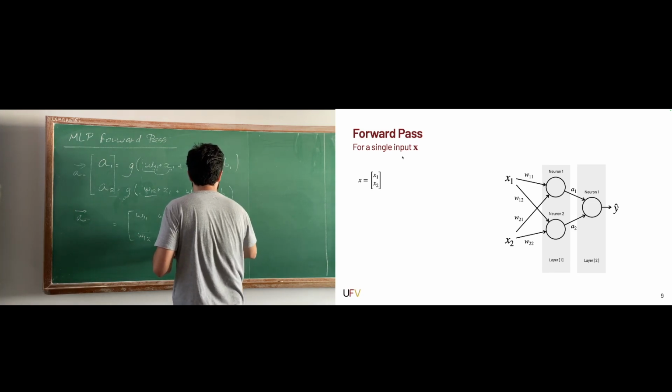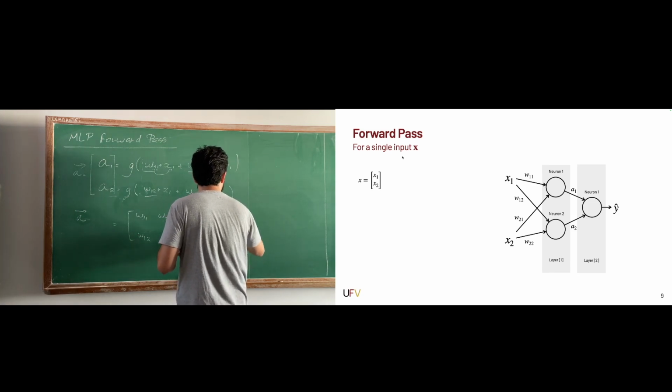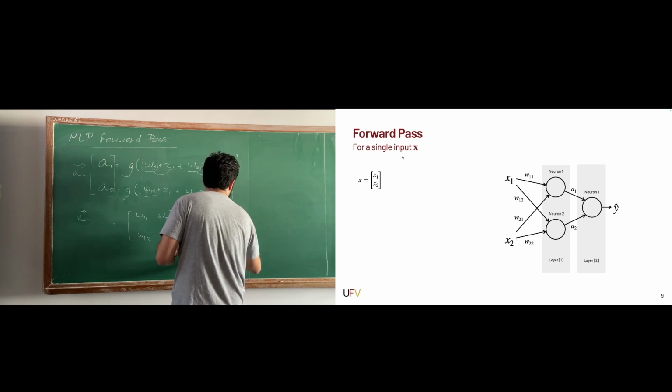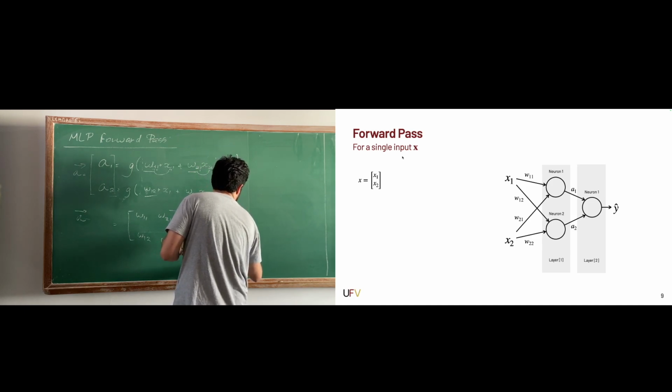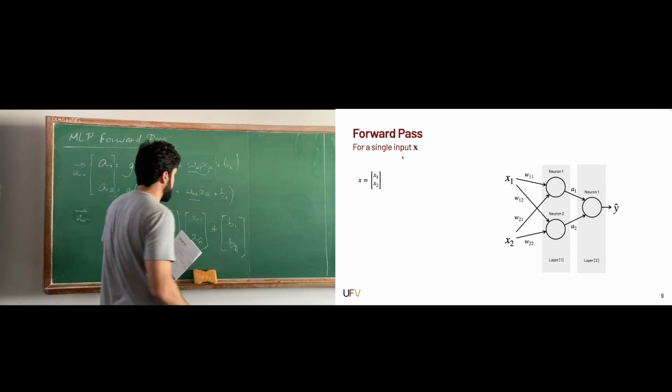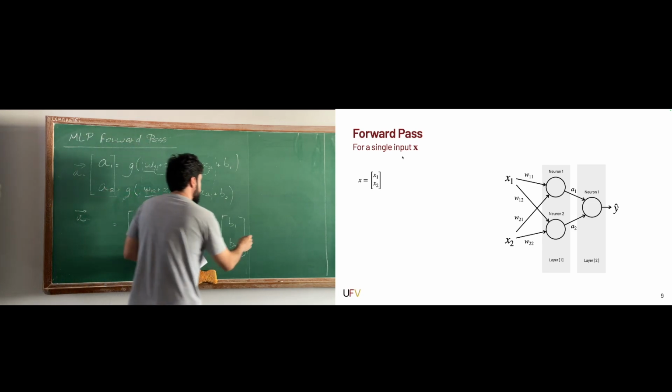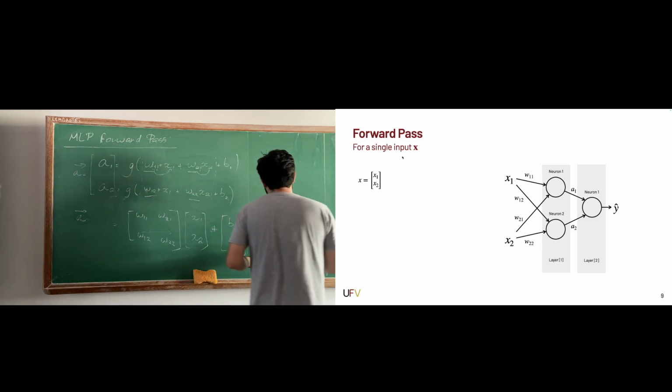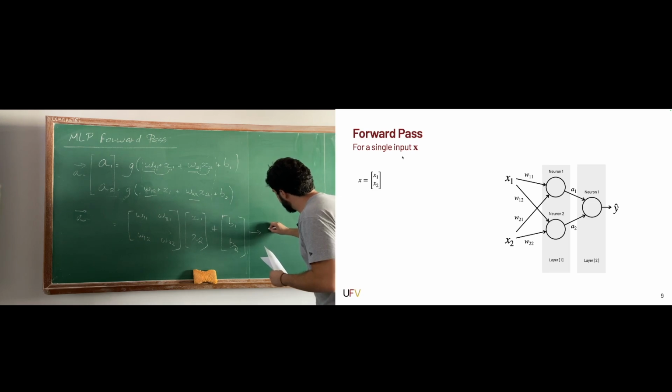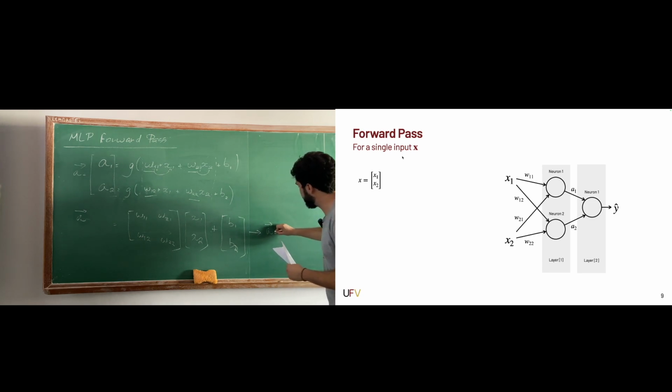Again, we need to sum B1 and B2 here, which we also put into a vector, so we can finally say that the vector A, which is our activations of the hidden layer, can be written as G of W times the vector X plus the vector B.